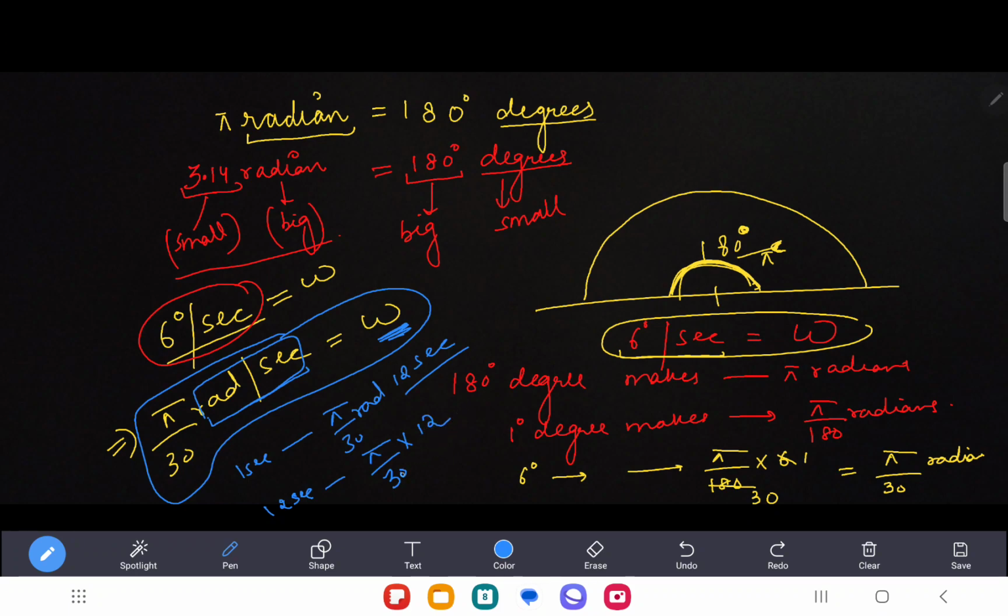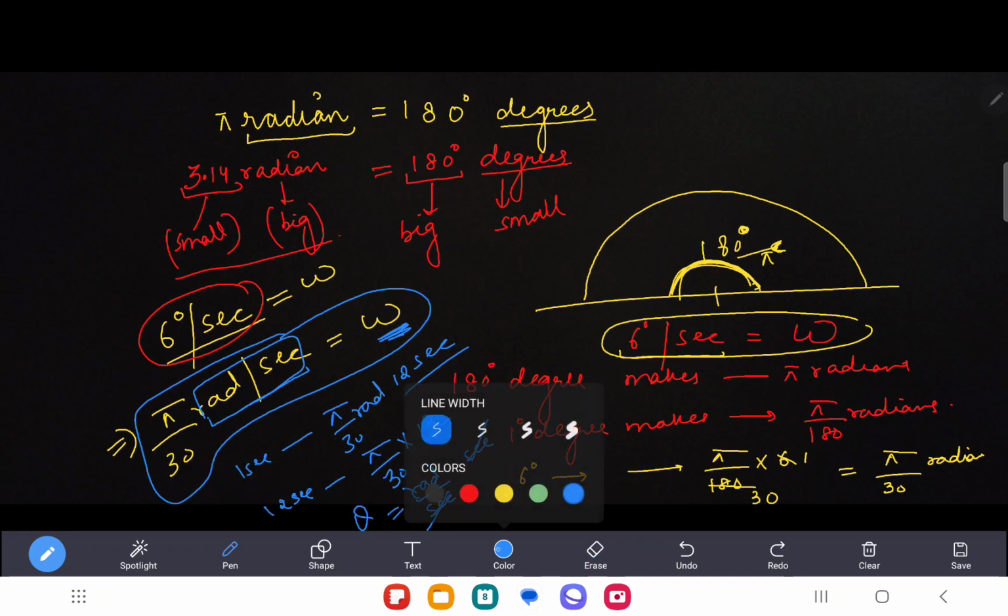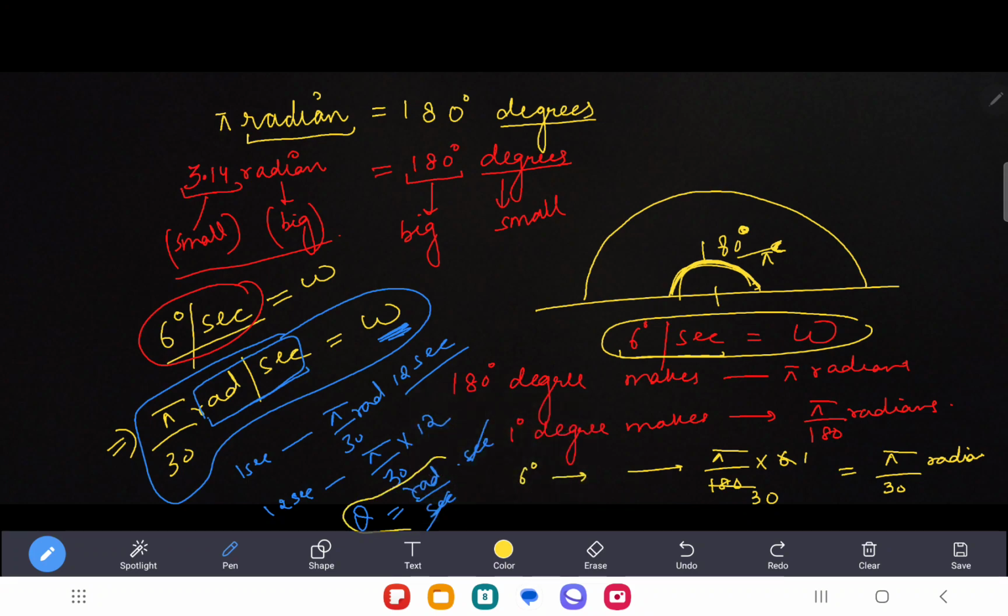This was radians per second into seconds, so theta would also come in terms of radians. It shall become 6 times 2, take 6 times 5. So I would say that I will be at a distance of 2 over 5 pi radians away from my starting position. Understood now?